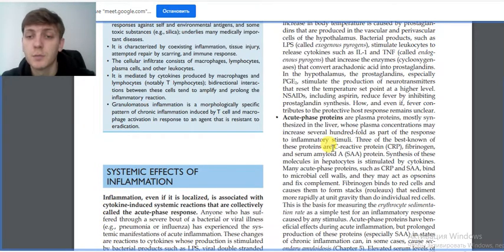Three of them are best known: C-reactive protein, which you are going to check in the plasma of your patients, fibrinogen, and serum amyloid A. We'll discuss serum amyloid A in immunological diseases, how it causes amyloidosis. It's a very interesting type of disease, very rarely detected in routine examination, but very noble for you if you find this disease by yourself.